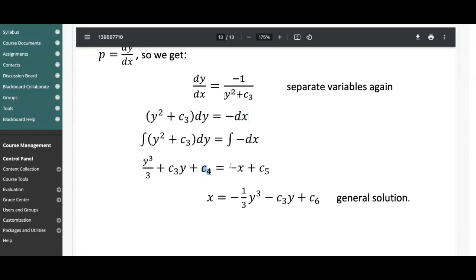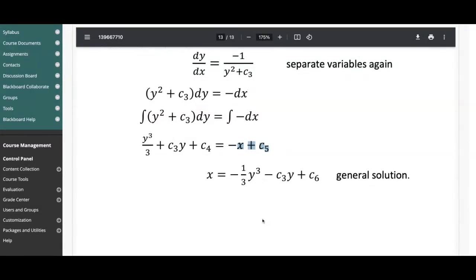Then integrate negative 1, that's negative x plus some constant. Combine the constants, we get x equals such, the general solution. C3, C6, just representing some constant numbers.